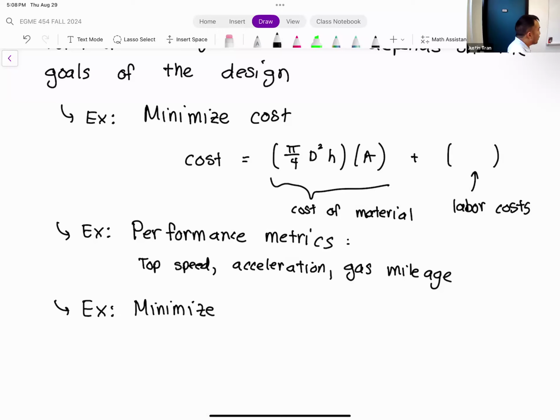Another thing that you would often want to minimize is any kind of inefficiency in the design, so any kind of power inefficiencies, friction, things like that.